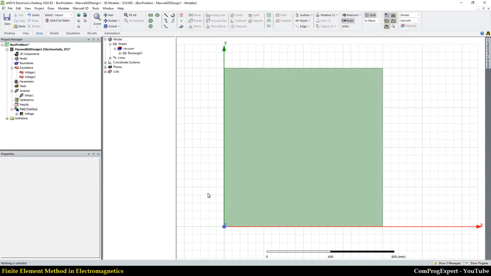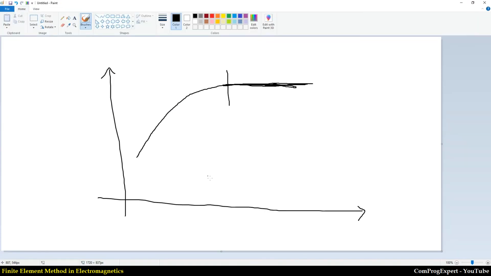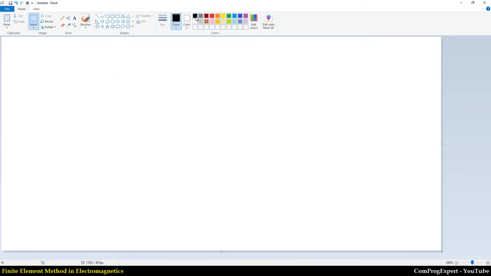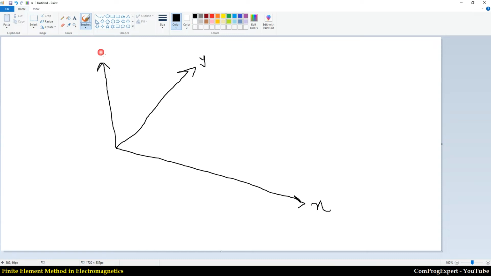Now let's use another boundary condition. For example, if I apply a boundary condition like this, consider this as x-axis and this as y and this as z. So this is our solution domain 1, 1.